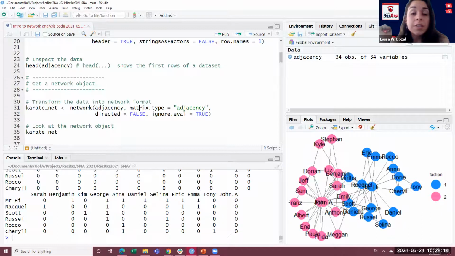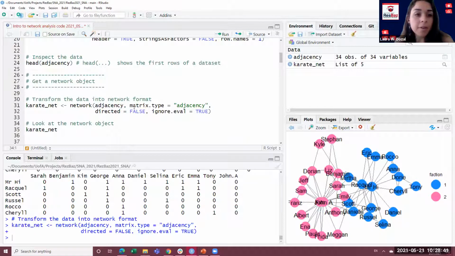You can also put edge list if it were an edge list. So depending on the type of data you have, you can create the network from that. These nodes, actors, are not directed. And I'm not exactly sure what this last part is, but it looks like it's needed.